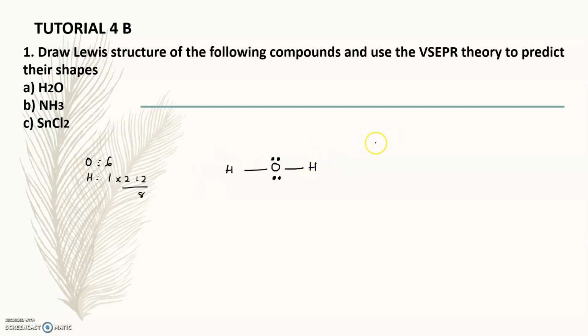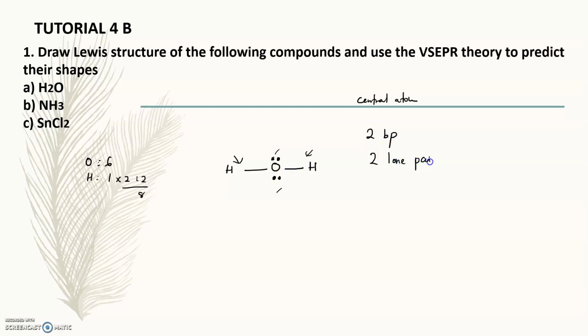And then, is there any lone pair on the central atom? Okay, focus on the central atom. Is there any lone pair? Here there are 2 atoms bonded to the central atom, or 2 bonding pairs, and there are 2 lone pairs on the central atom.